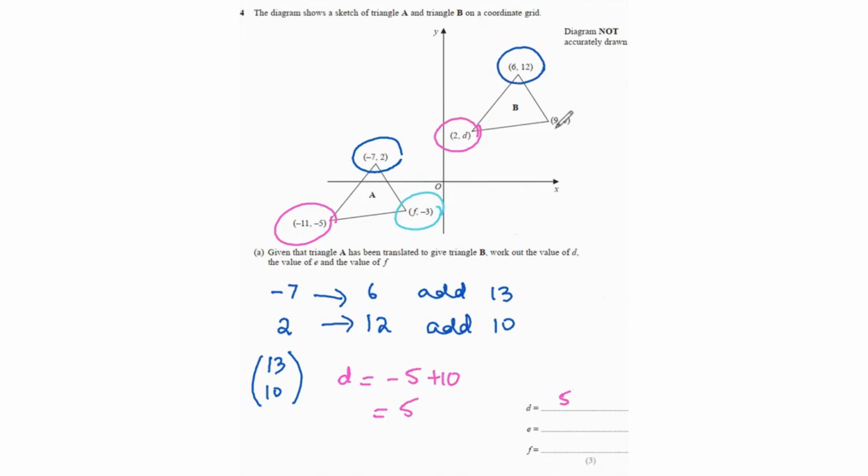So now we're going backwards to find F. So we will do 9 minus 13, which is -4. So F is -4. And for E, we will do -3 plus 10, because when we go from A to B, for the y value, we're adding 10. So that's going to be 7. So 5, 7, -4. These are your values of D, E, and F.